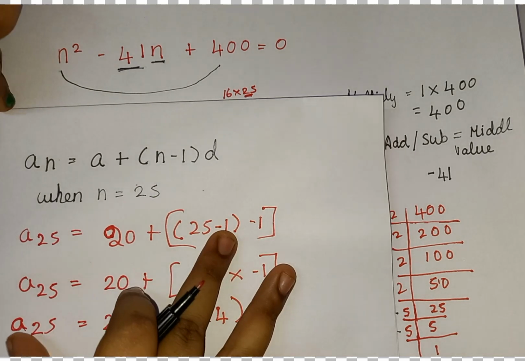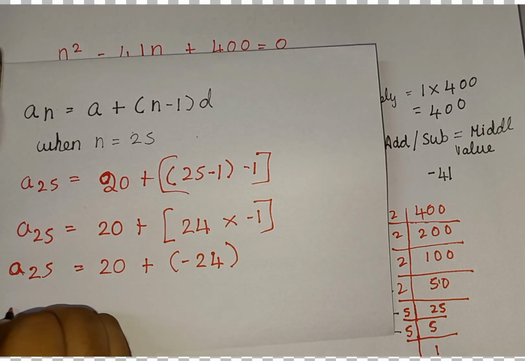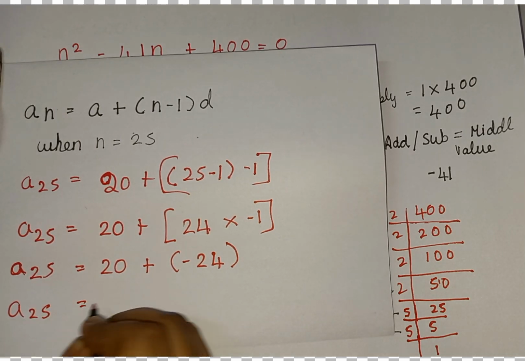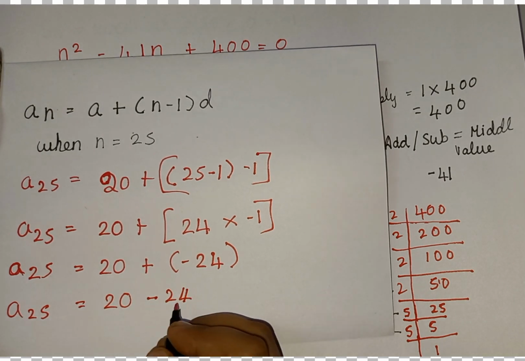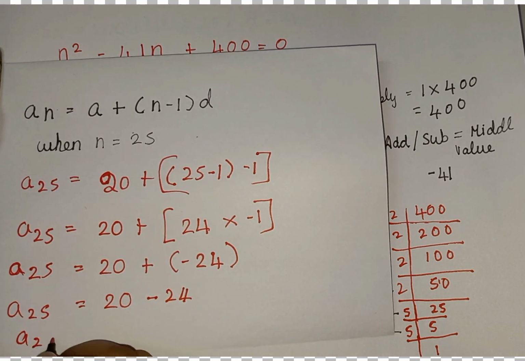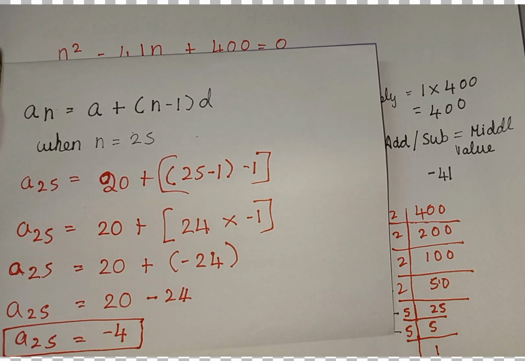Okay, one second. So now let us write a25 is equal to 20 plus into minus is minus 24. When we just subtract them, we'll get minus 4. Now we got an answer.